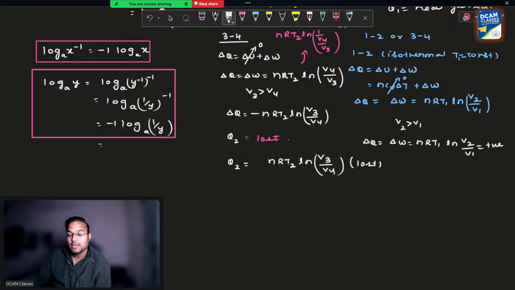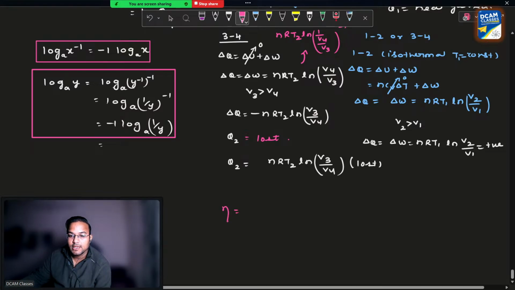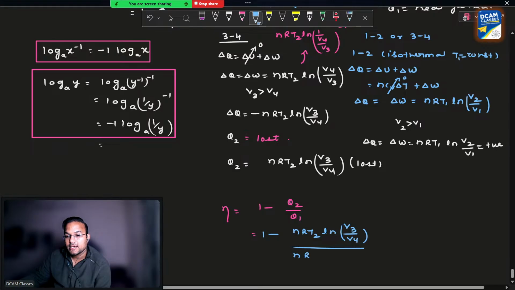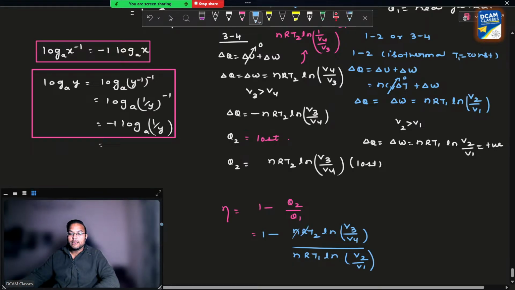Now it's okay. Now the efficiency formula that we had was this. Efficiency is equal to 1 minus Q2 by Q1. So I can write here 1 minus Q2, which is nRT2 ln V3 by V4, divided by nRT1 ln V2 by V1. n and R you can cancel out.